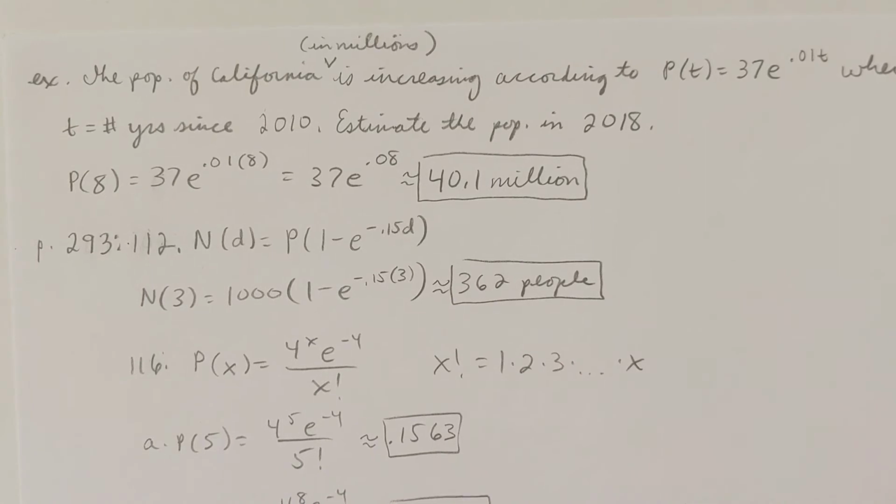And that would be the estimated population in the year 2018, 40.1 million people.